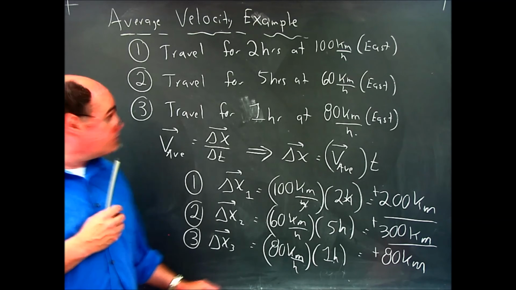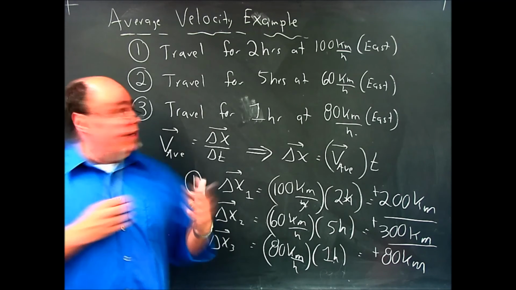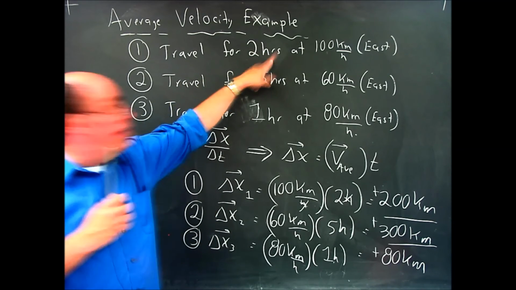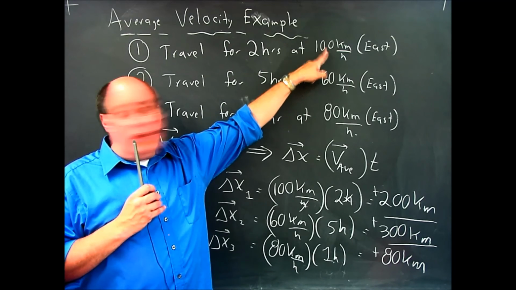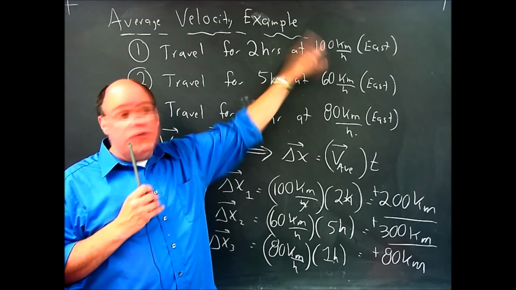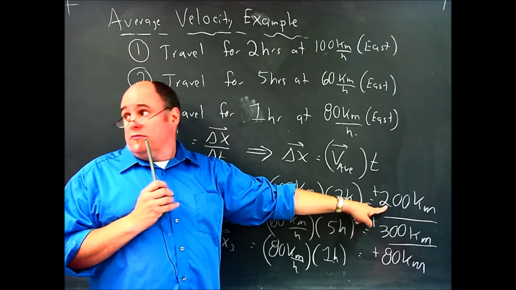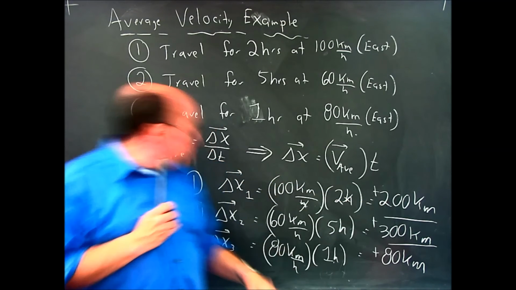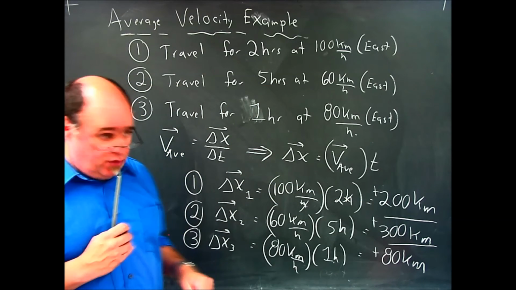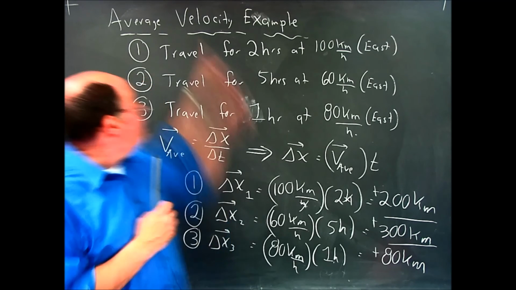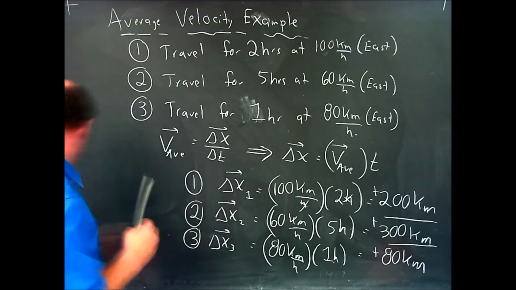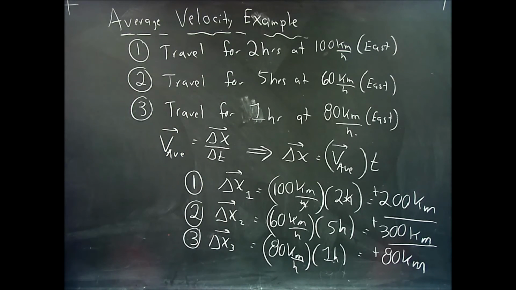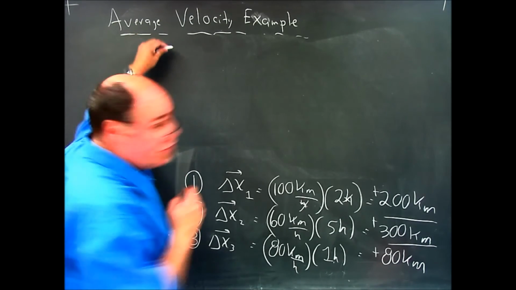Okay. So what I've just done is they gave me the total time I was driving in the first segment of my journey at an average speed of 100 kilometers an hour, so I was able to figure out how many kilometers I drove to the east. And I did that for each segment of my trip. So how would I find the average velocity for the whole thing? So the average velocity is defined this way.